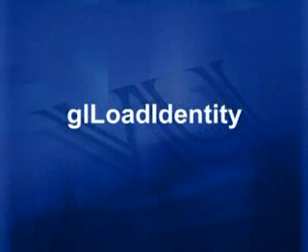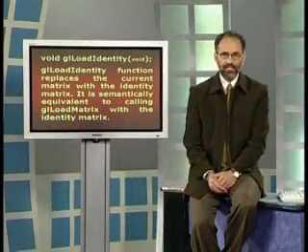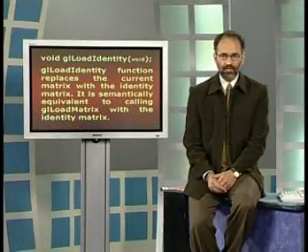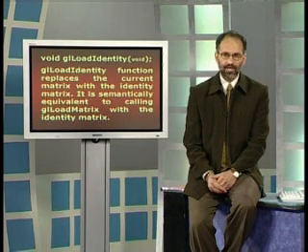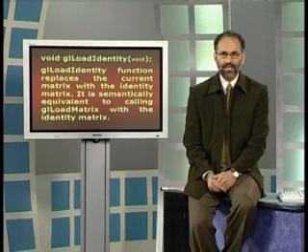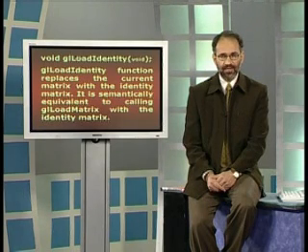The next one is glLoadIdentity. The syntax for it is void glLoadIdentity(void). No parameters are passed. The basic usage of this function is to load an identity matrix. This function replaces the current matrix with the identity matrix. It is semantically equivalent to calling glLoadMatrix with the identity matrix.